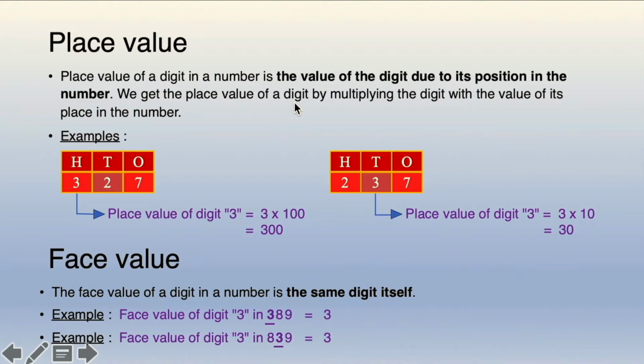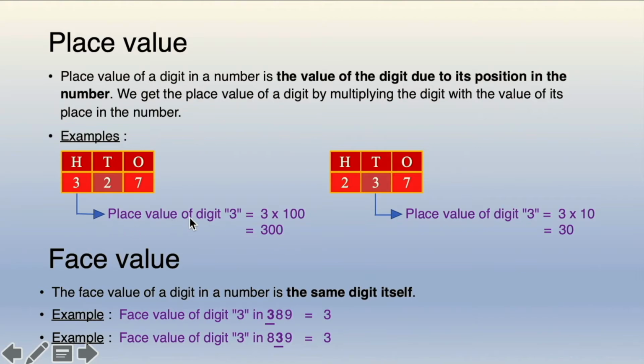So, we get the place value by multiplying the digit with the value of its place in the number. So, the digit is 3 and the value of its place in the number is 100 because 3 is at 100's place. So 3 multiplied by 100 is equal to 300.